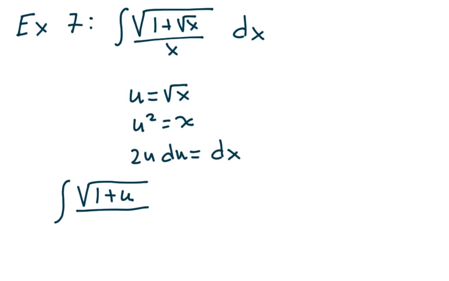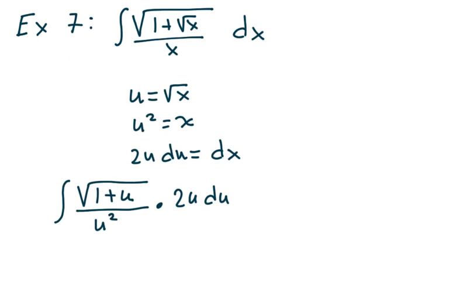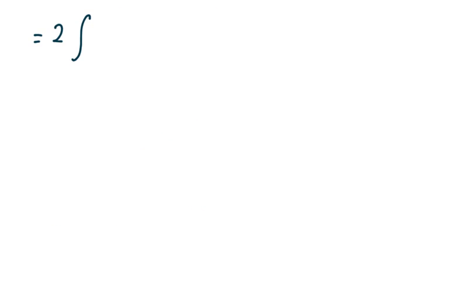I'm going to divide by u squared. And then I'm going to multiply by 2u du. So that's just dx. Pull the 2 on the outside. And then I'm going to take the integral of square root of 1 plus u divided by u du.